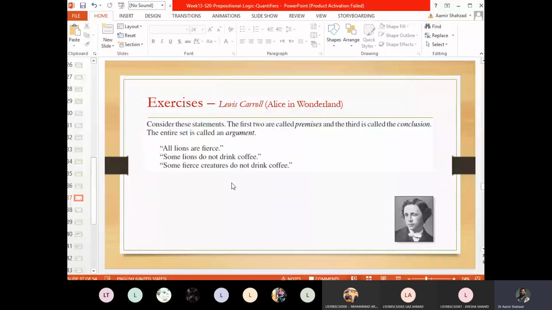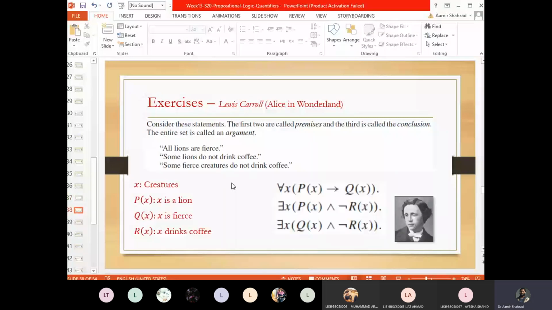Let's see. All lions are fierce. Some lions do not drink coffee. So it means some fierce creatures do not drink coffee. We can conclude that some fierce creatures do not drink coffee. How to express it mathematically? We need to define: x are creatures. It could be animals, any kind of animals.